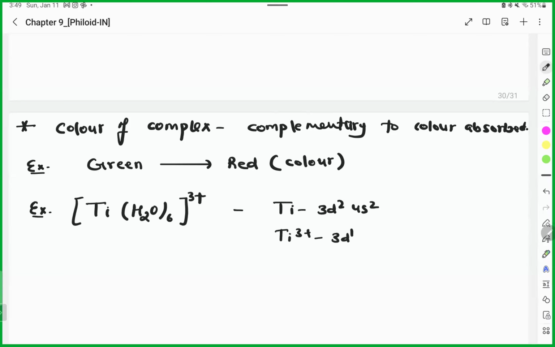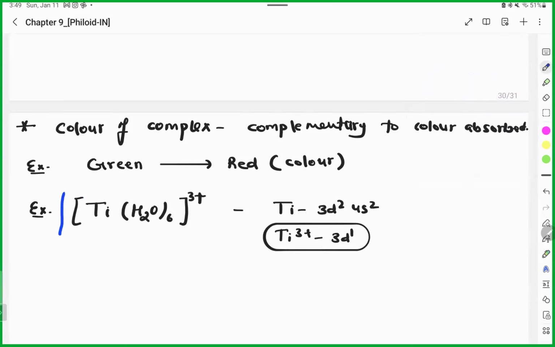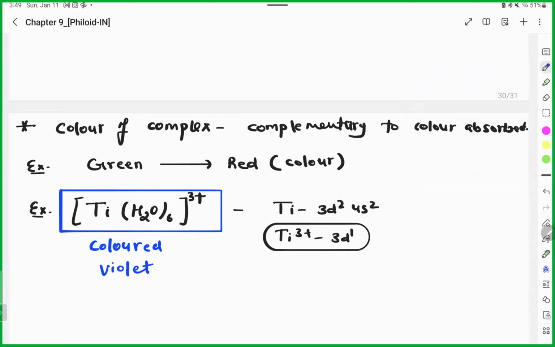Now titanium 3 positive has 1 electron in this case, so it will be colored. We don't care which color. More important is if you have some unpaired electron, it will be colored. NCERT mentioned the violet color, but more important is it is colored. But if there is no unpaired electron in the orbital, it will be colorless.